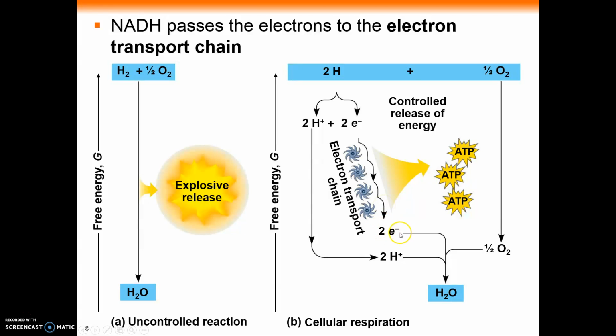Now, at the end, we will still go ahead and dump those electrons onto oxygen, which will attract the hydrogens and form water as one cohesive molecule. But we can harvest this energy a little bit more carefully and have less heat production and more formation of chemical potential energy. And this is essentially what we're doing.